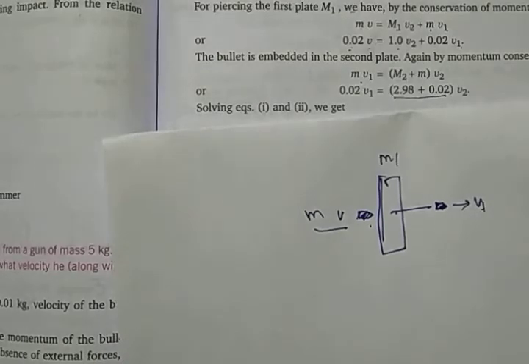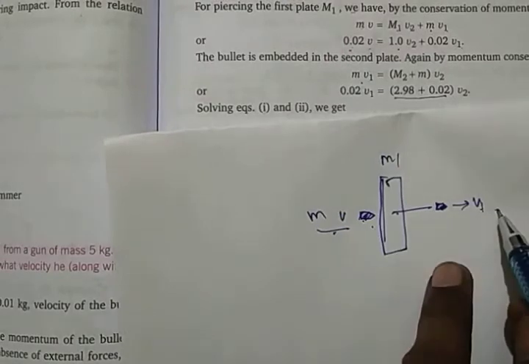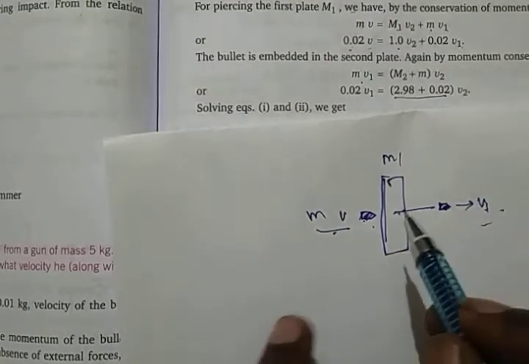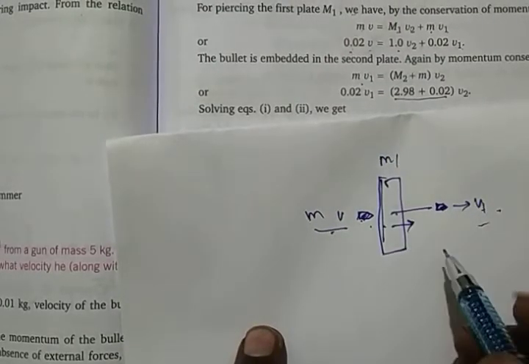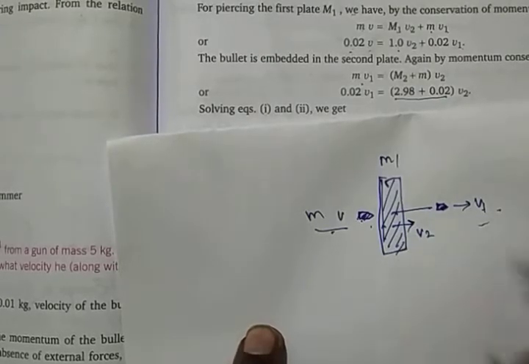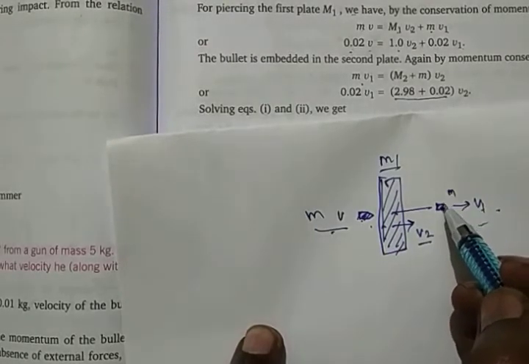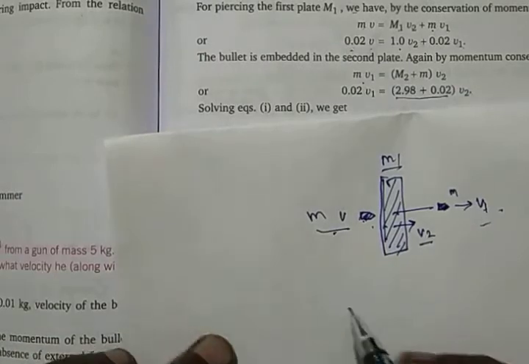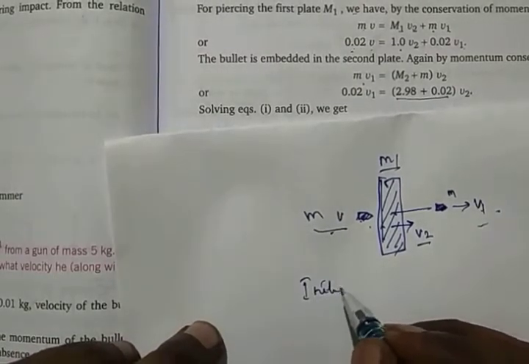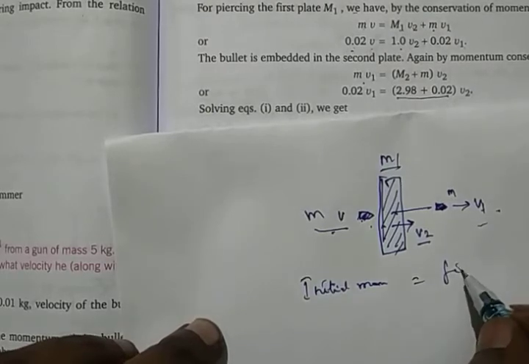Now don't only take the initial momentum of the bullet and final momentum of the bullet. It has also transferred some momentum to the plate. So let us consider v2 as the velocity the plate moves with. Right? This is m1 and v2, and then m of the bullet. So look at this one. Initial momentum is equal to final momentum.